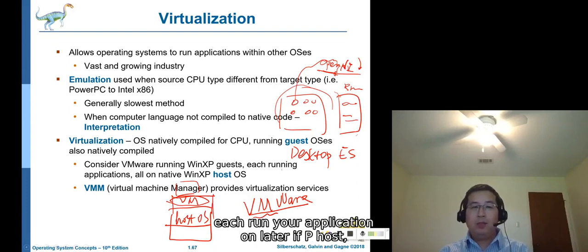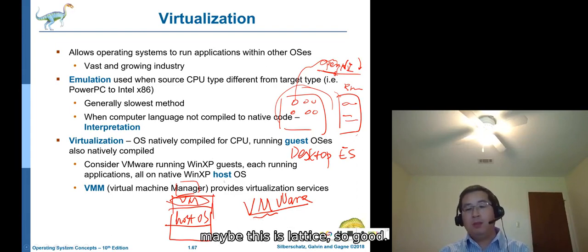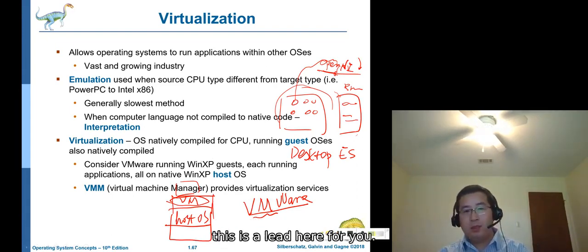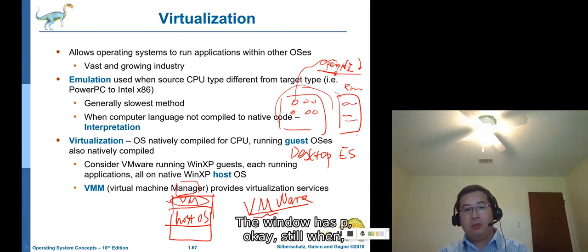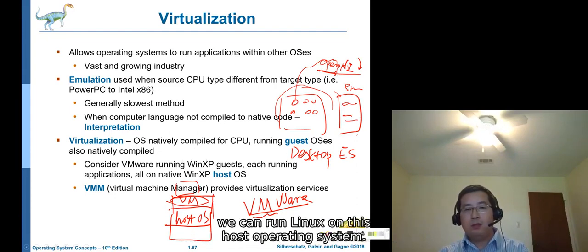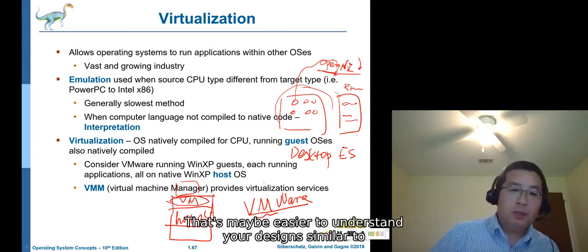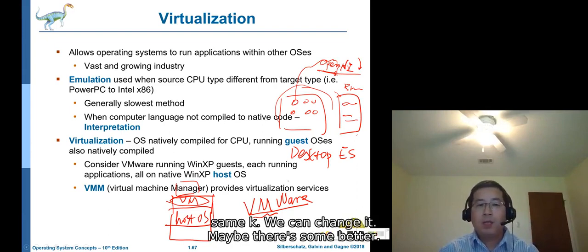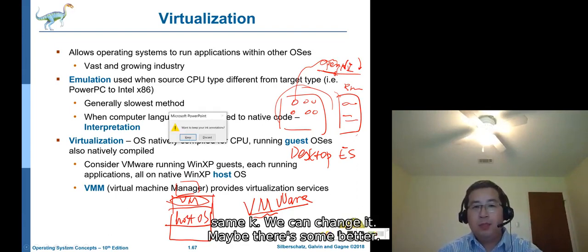Maybe this is not a so good example. Maybe we can change it. For example, the native host is Windows XP or Windows 10, and then we run Linux. We can run Linux on this host operating system. That's maybe easier to understand, because the other one seems like the same. Okay. Maybe that's better.